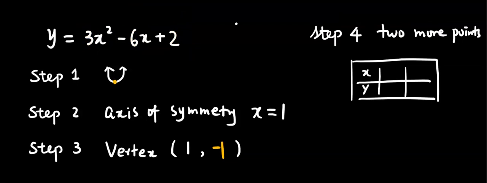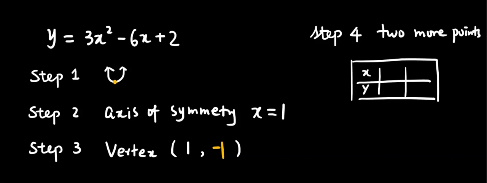Now we know the graph is going to open upwards. We know the axis of symmetry, because once we graph one side, the other side we can fold and trace, just like when you are doing your artwork. And we also know the vertex. However, we need 2 more points.